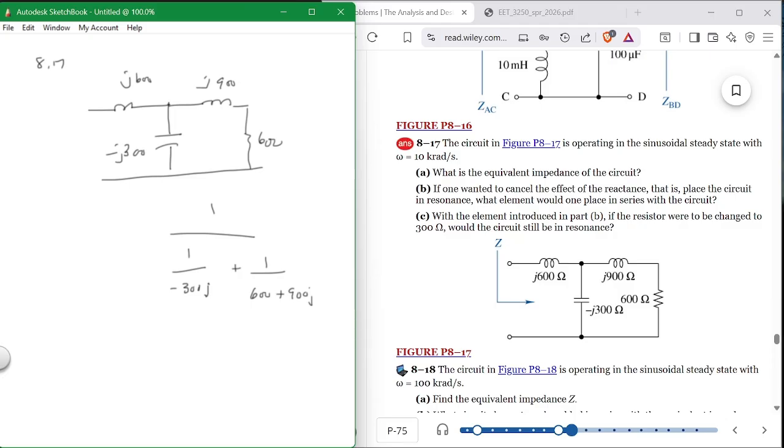I want you to understand that I'm doing the same thing that you're doing. 600i plus 1 divided by parenthesis 1 divided by minus 300i plus 1 divided by parenthesis 600 plus 900i in parenthesis, in parenthesis.